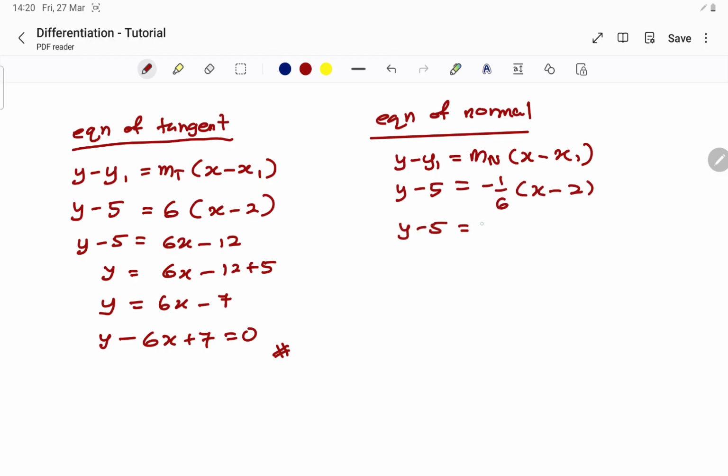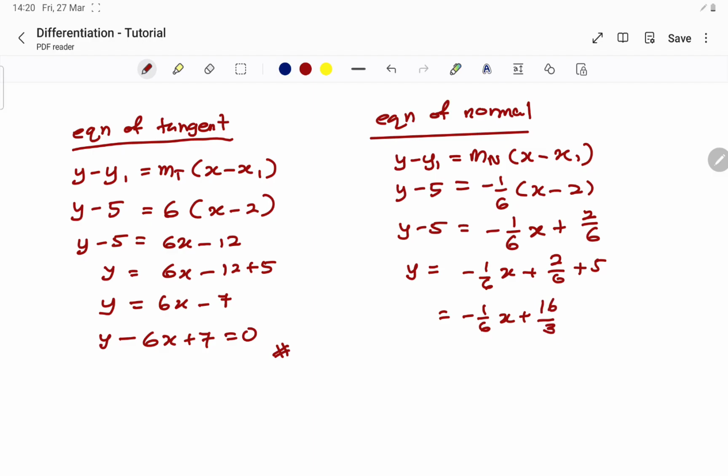Then you expand this, you're going to get negative 1 over 6x plus 2 over 6. Then you bring negative 5 to the right side first. Negative 1 over 6x plus 2 over 6 plus 5. Then here you're going to get negative 1 over 6x plus 16 over 3.